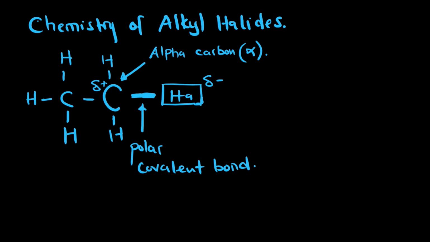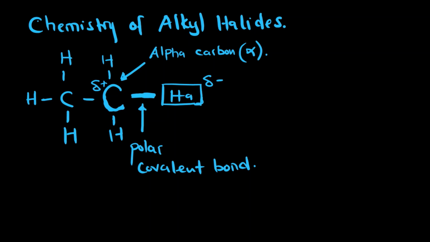Now, because the alpha carbon here is positively charged, if it is placed in a solution which has negatively charged species, or species that have a lone pair of electrons, they will be attracted to the positive charge. Why? Because we know that opposite charges attract.